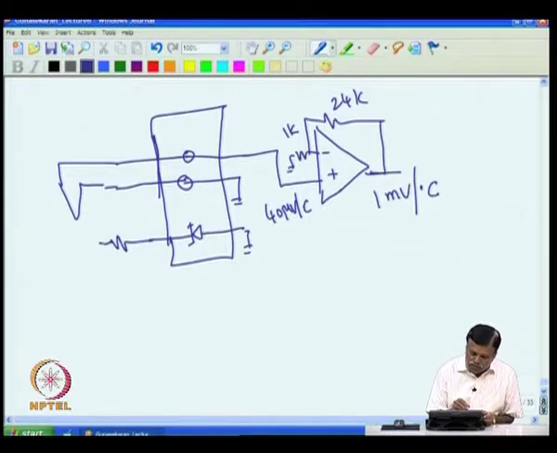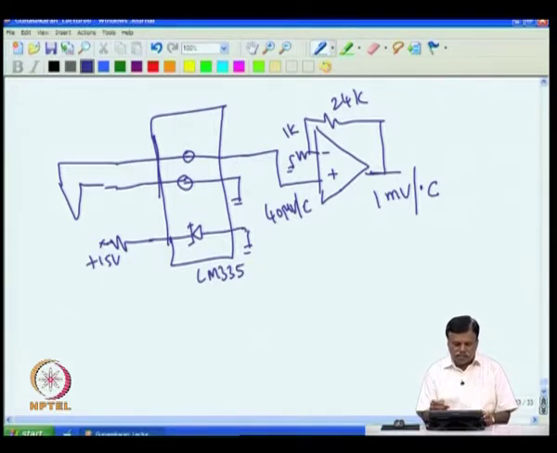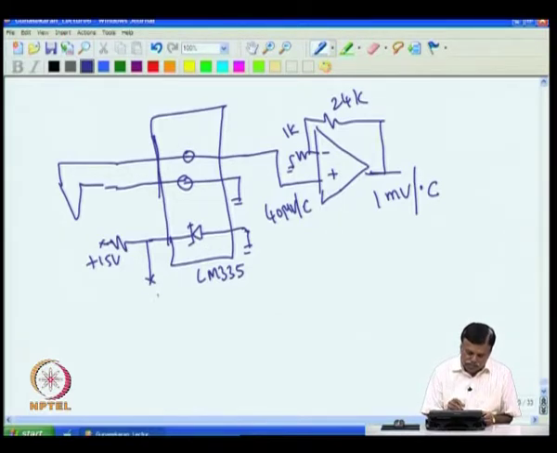I keep this one at plus 15. LM335, sorry, is the temperature sensor, not 336. We know that at this point you will get the voltage corresponding to the temperature of this block. At 0 degree C it gives you 2.73 volt, and at 100 degree C it gives you 3.73 volt, which we had discussed earlier.